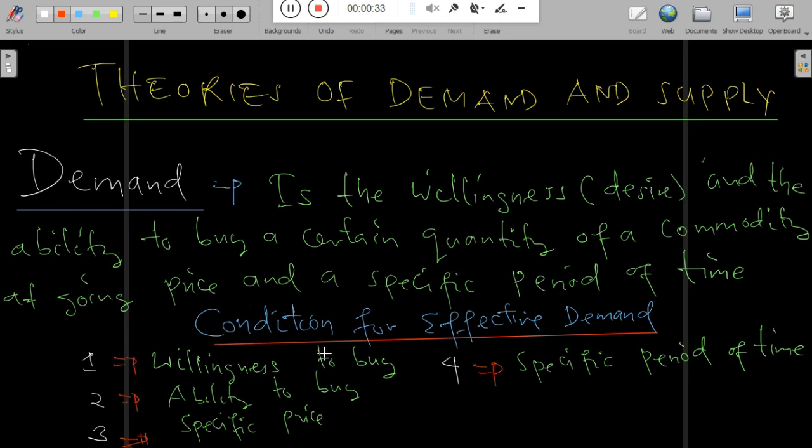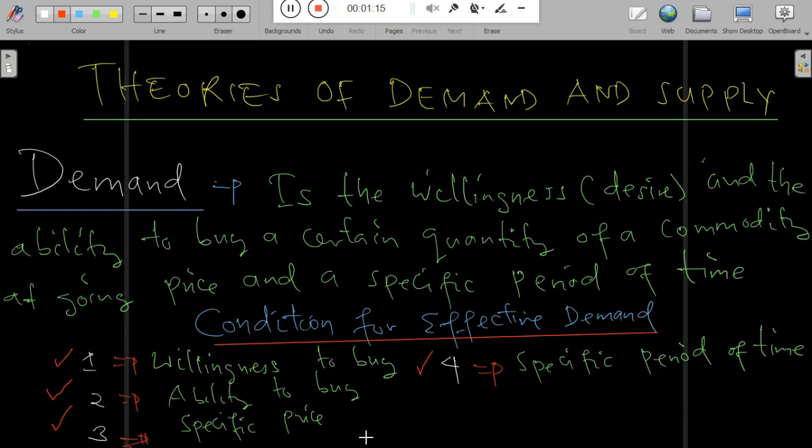What you need to realize when you talk about demand is that when a consumer makes a purchase of certain goods and services, he or she has the ability to buy a certain good, but also the willingness to do so, as well as the specific period of time he or she devotes to spending on a certain good or service. So demand is covered by these conditions: willingness to buy, ability to buy, and a specific period of time.